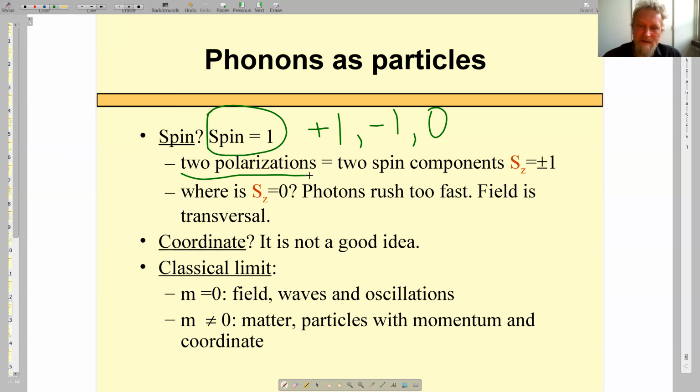These 2 polarizations do correspond to spin components. For any photon, there is always a natural quantization axis, which is the direction of its propagation. So 2 polarizations would correspond to different orientations of spin with respect to this axis.